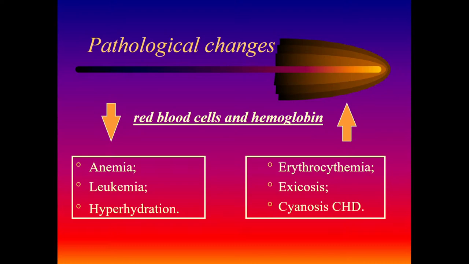And if red blood cells and hemoglobin increase, the situation is such as erythrocytemia, exocytosis, and cyanotic cardiac heart, chronic heart diseases.